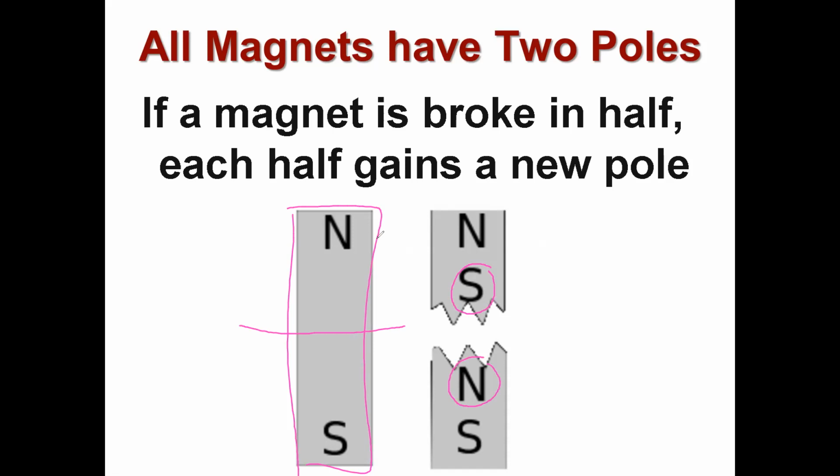Even when the magnet is cut in two halves, we have new magnets, each with one north and one south. That is evidence that a magnet cannot have only one south or one north. It must come as a pair.